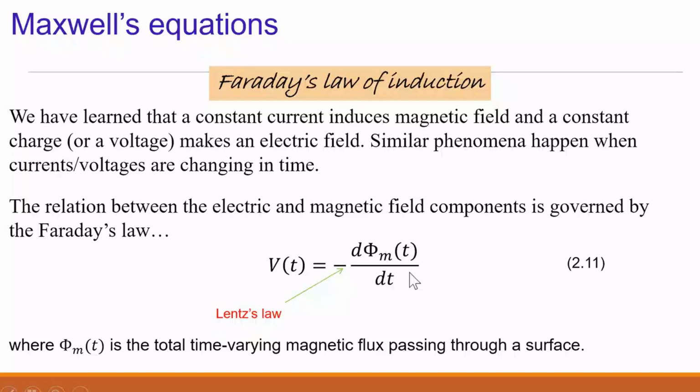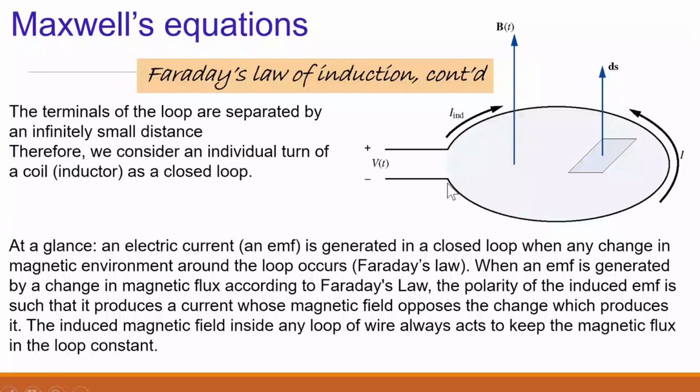So what does this tell again? If you consider a loop with current I, and the loop is present inside or near a magnetic flux, then some voltage Vt will be induced. The terminals of the loop are separated by a small distance. Therefore, we consider an individual turn of a coil as a closed loop.